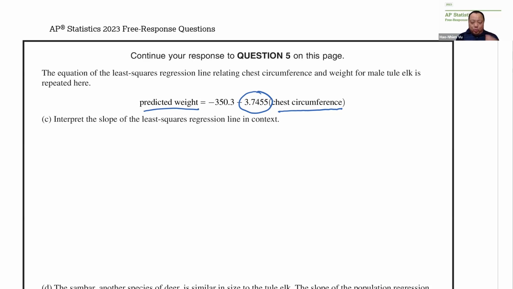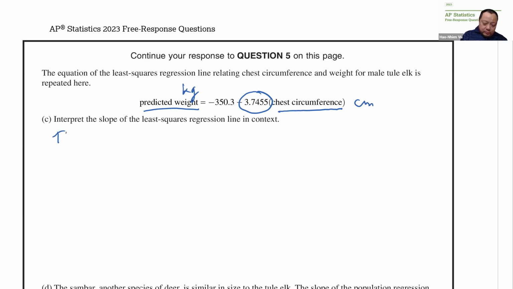So for every actual 1, in this case centimeters, in chest, we expect the Tule elk to have 3.7 something extra kilograms in weight. Notice that I said expected. This is a predicted weight, not an actual weight. So that's the degree of uncertainty that comes with linear regression. We need to put that in the answer.